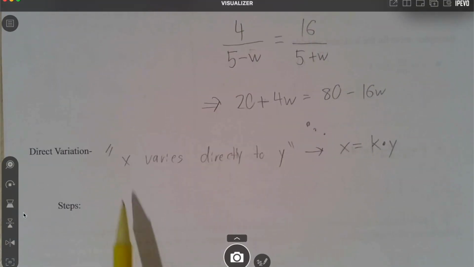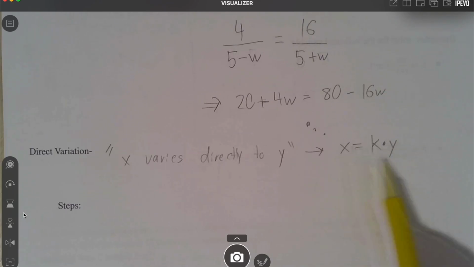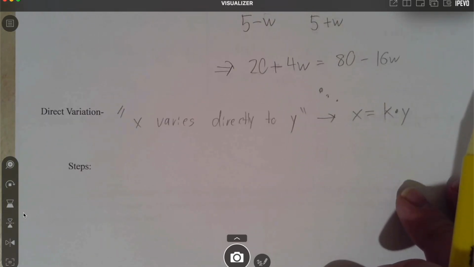So the varies is kind of your equals sign, and almost varies is equals k times is the way you phrase it. The idea is there's a multiplying relationship here, and now we need to talk about what the steps of variation are.